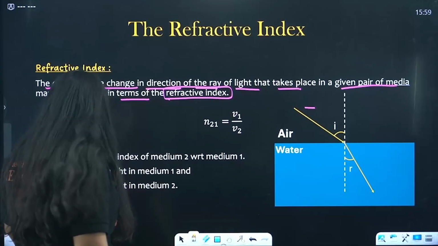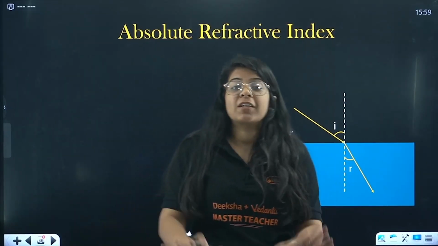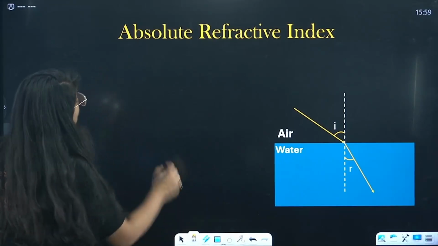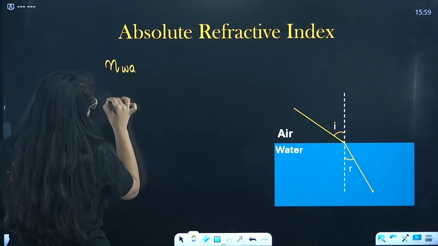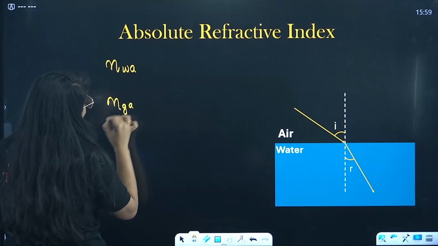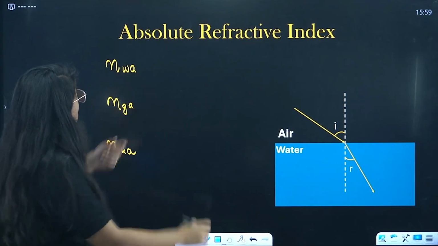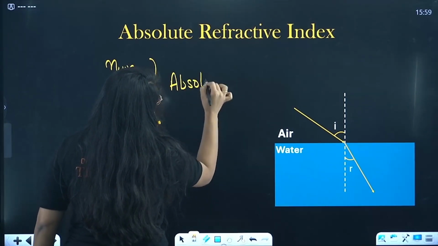But beta, if we talk about refractive index of water with just air or vacuum, mostly vacuum, but we take air only at your level. So refractive index of water with respect to air, of glass with respect to air, of kerosene oil with respect to air, all these beta are absolute refractive indexes.